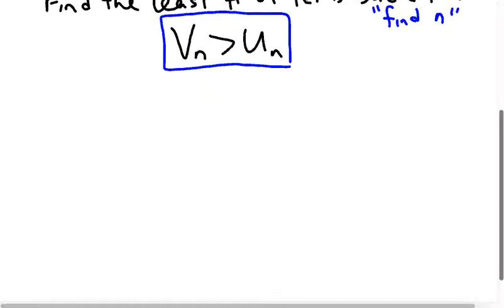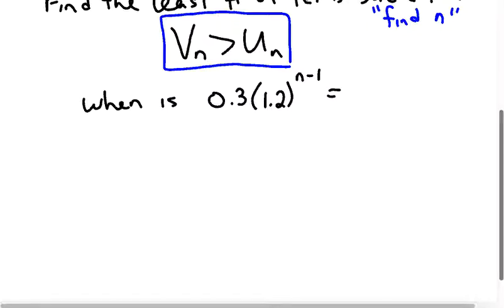Okay, so we want to do this. When is 0.3 times 1.2 to the n minus 1 equal to 12n minus 7?